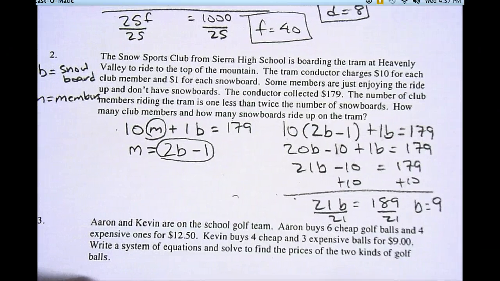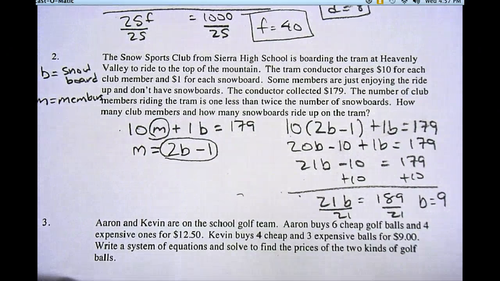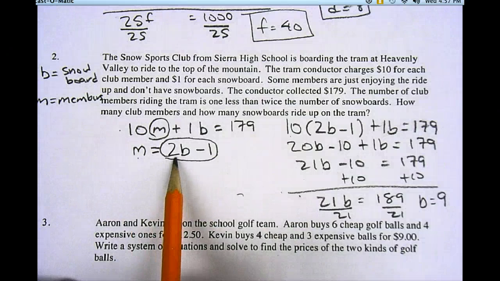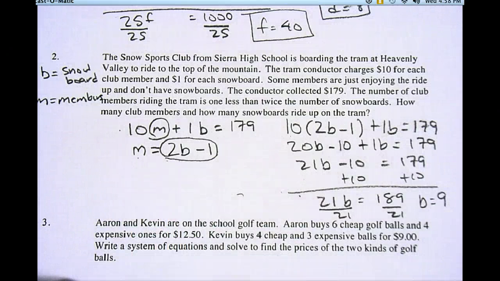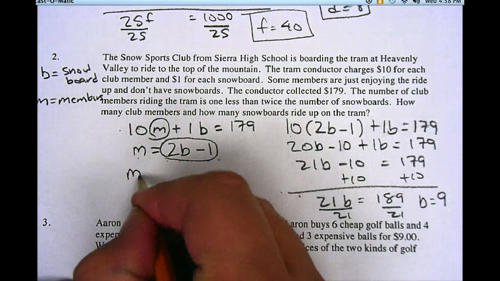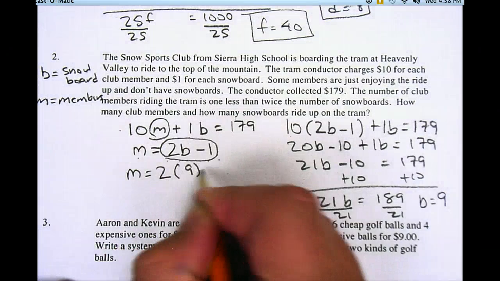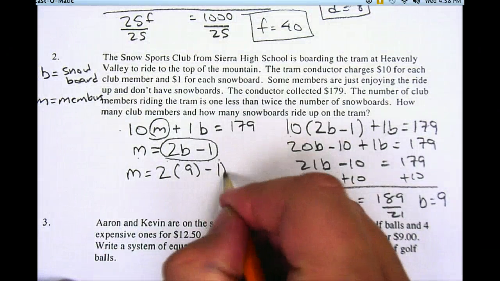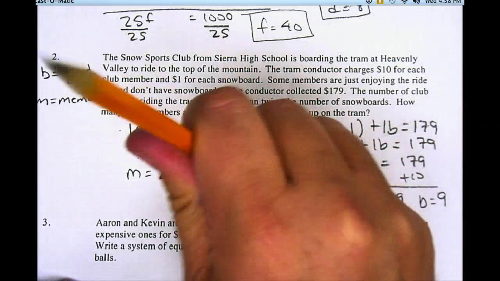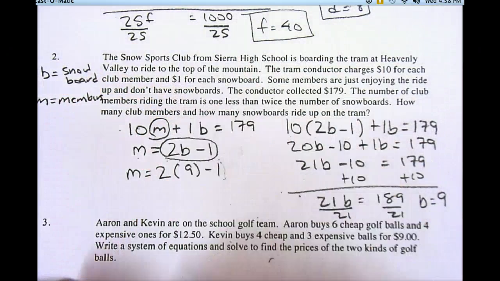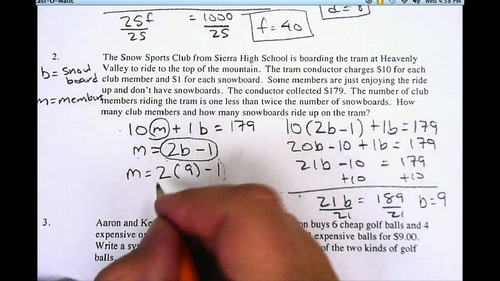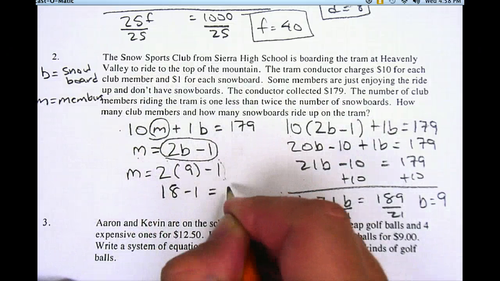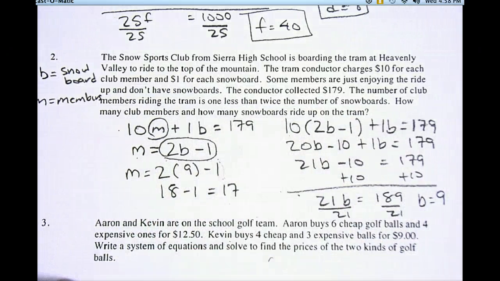Okay, so I know B is equal to 9. Now if I go back to my second equation and plug 9 in for B, M is 2 times 9 minus 1. I don't need the parentheses. That's 18 minus 1, which is 17.